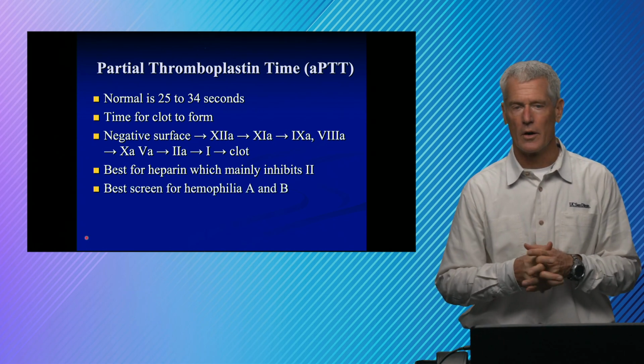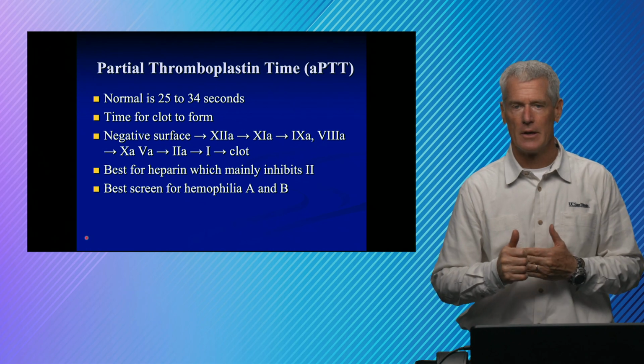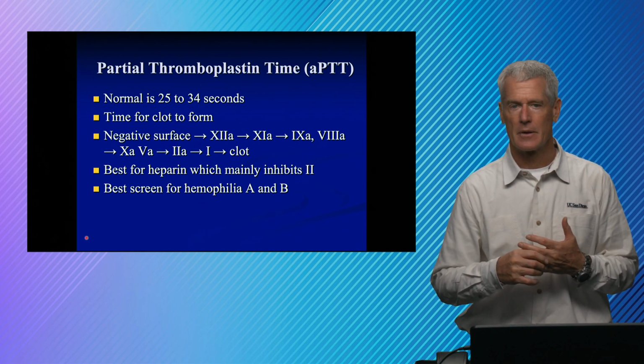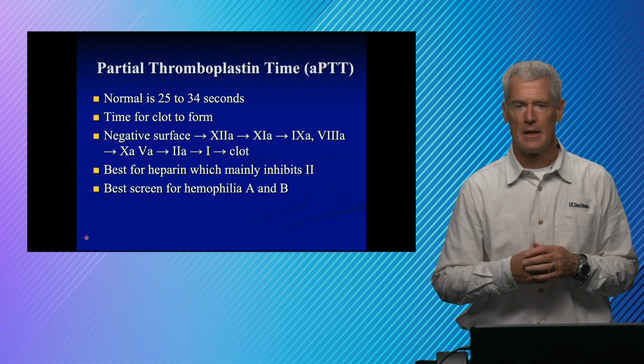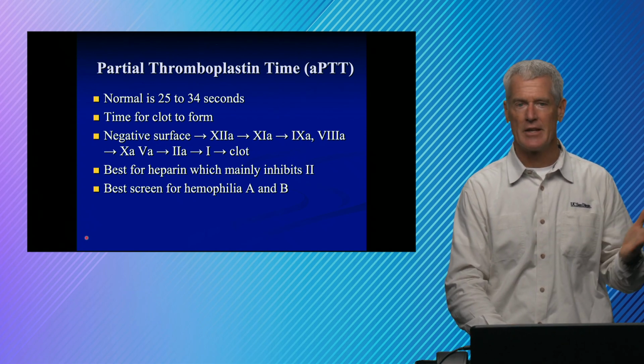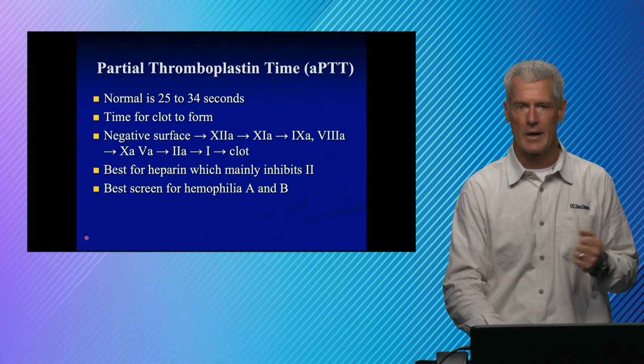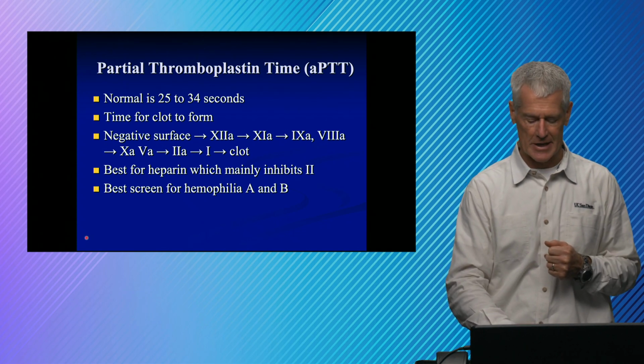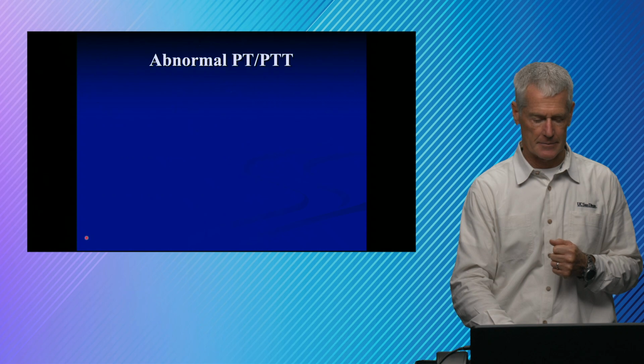It's also hemophilia A and B, or when you have a lack of factors 8 and 9, and since they're amplification that come through the factor 12 pathway, this is going to be the best test to pick up hemophilia.